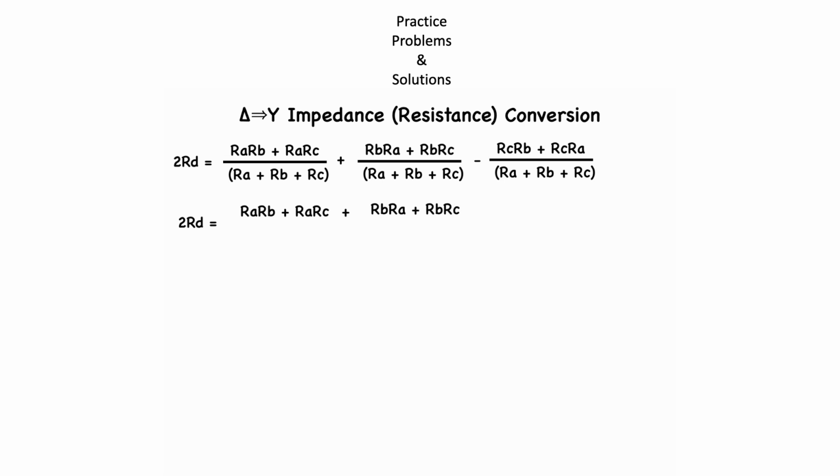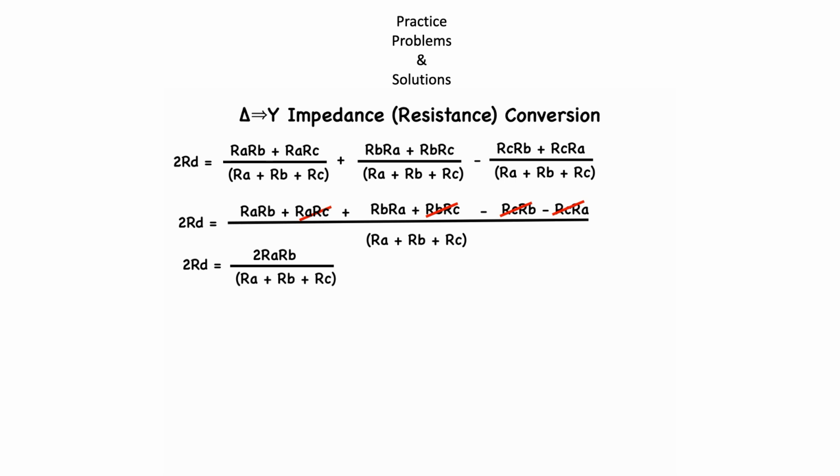In the numerator, we have the terms RB, RC canceling out because one is subtracted from the other, and the terms RA, RC canceling out because of the same reason. We have one subtracting the other. That would be leaving us with 2RD equal to 2RA/RB divided by the quantity RA plus RB plus RC, or RD is equal to RA/RB divided by RA plus RB plus RC.